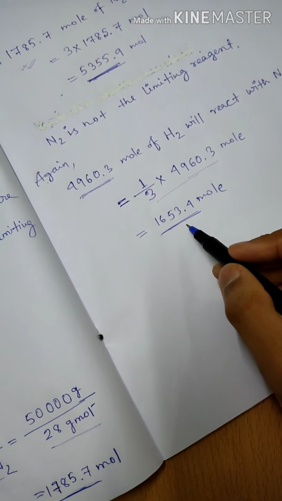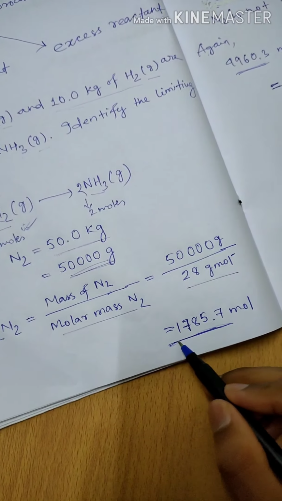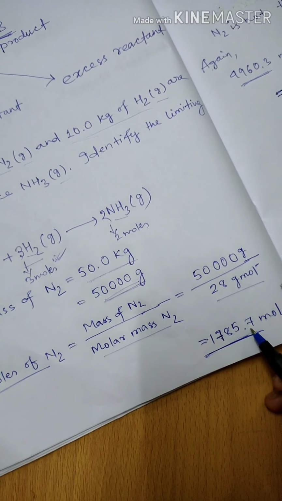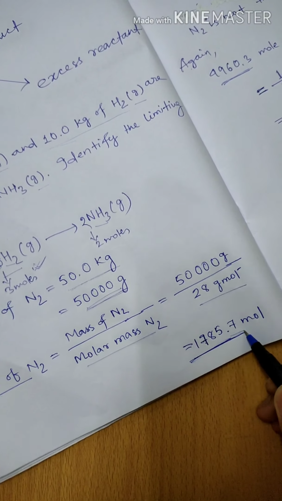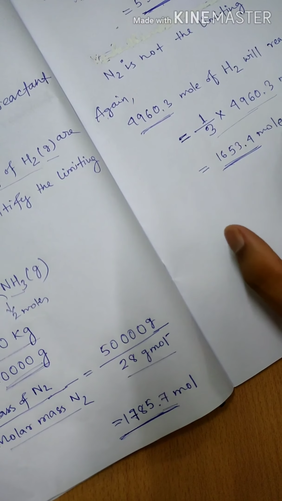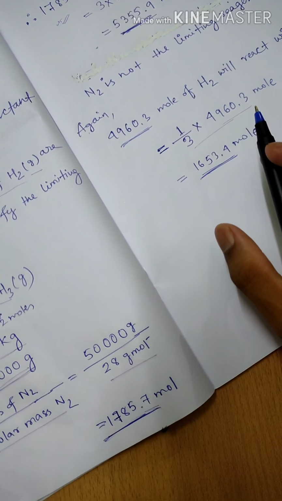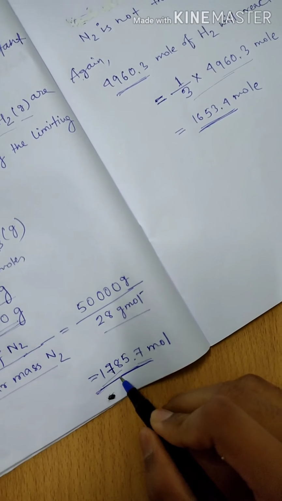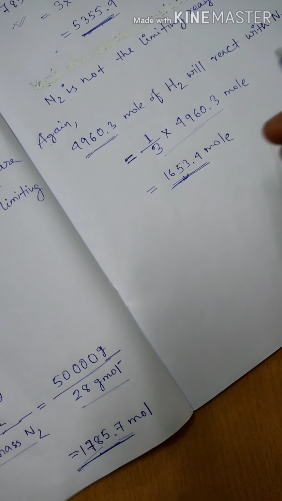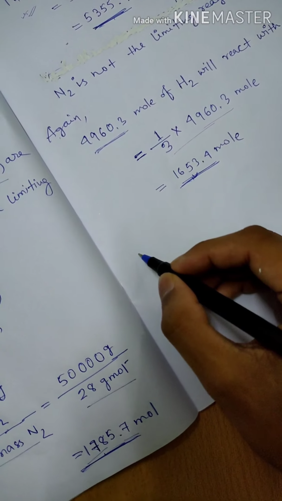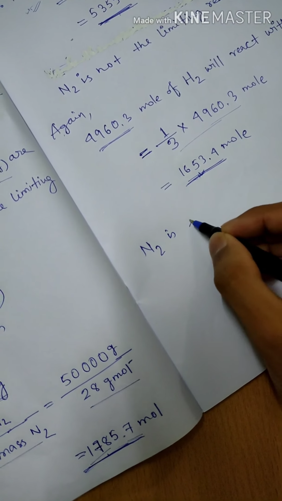Now see, actually the moles of nitrogen we have is this one, 1785.7, but we have got this. So the amount of nitrogen is excess, because this is obviously greater than this one. So the amount of nitrogen is excess, so nitrogen N2 is the excess reactant.